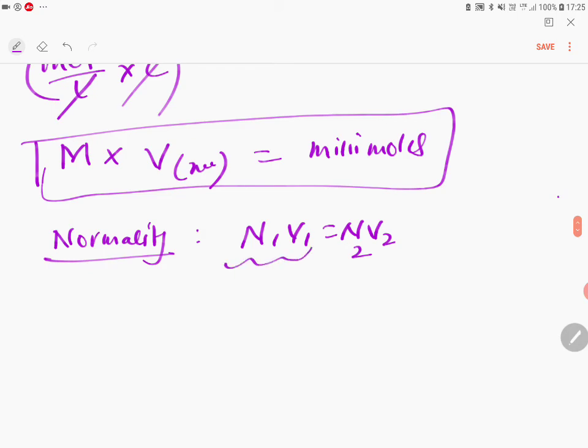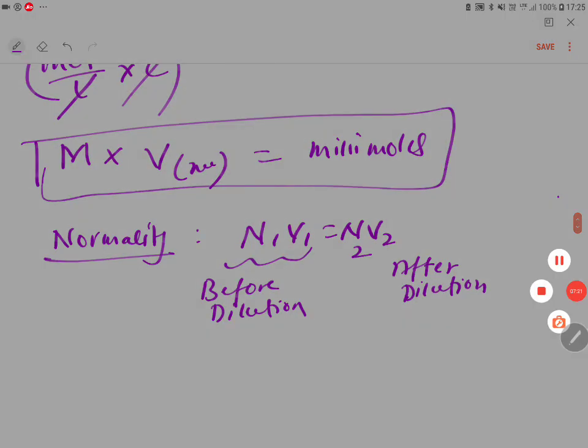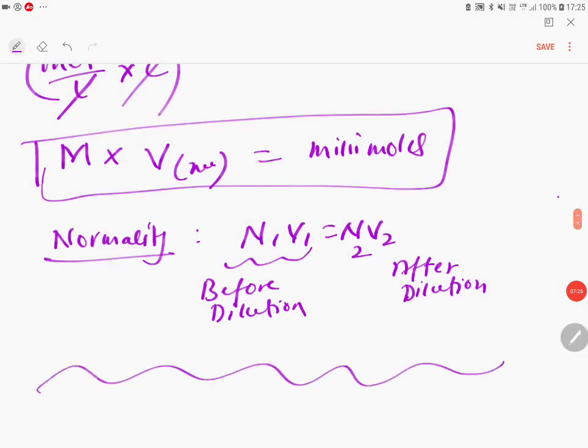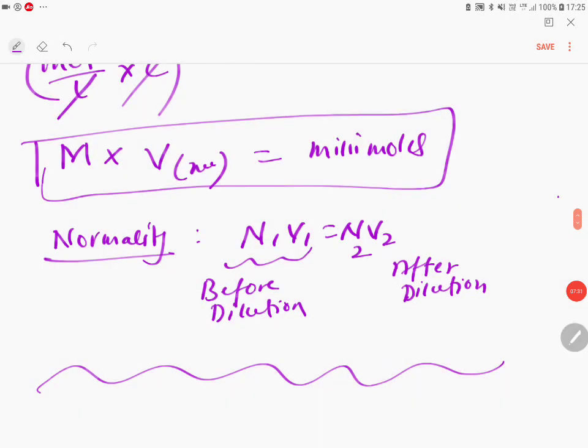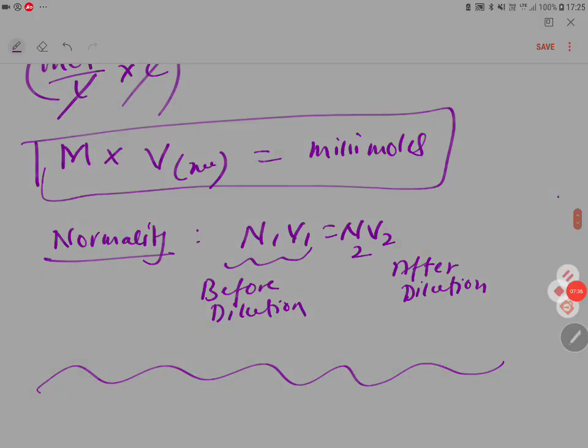So this is normality and volume before dilution, and this is normality and volume after dilution. These kinds of formulas will be very important for you. You have to recap all these concept videos, whatever we are doing, before your competitive exam, and make a formula sheet and go prepared for the examination.